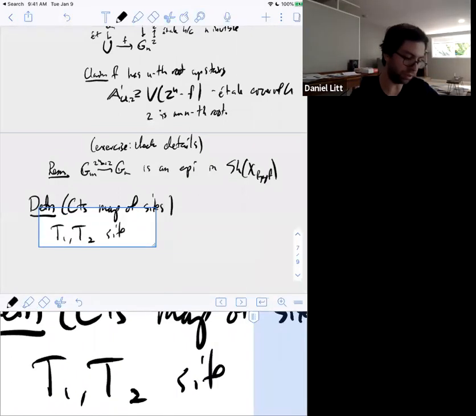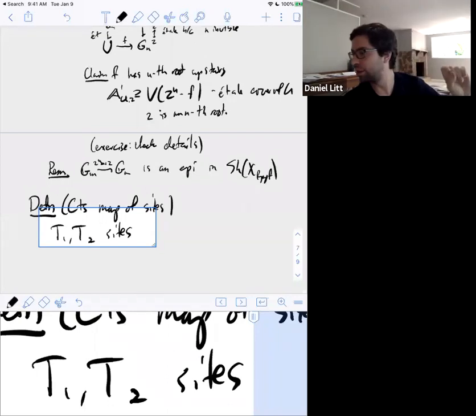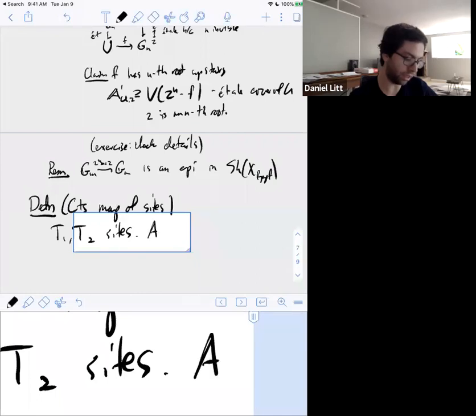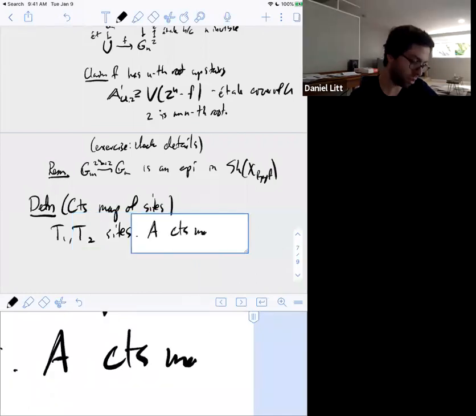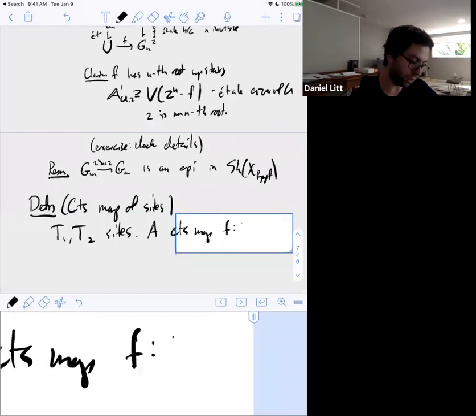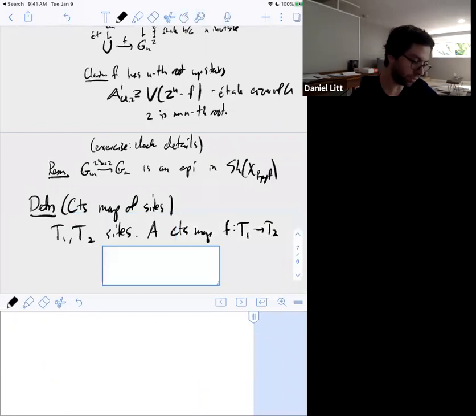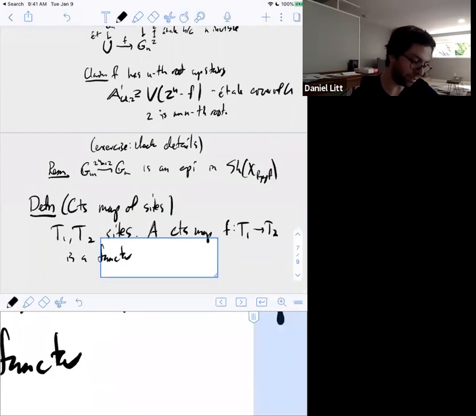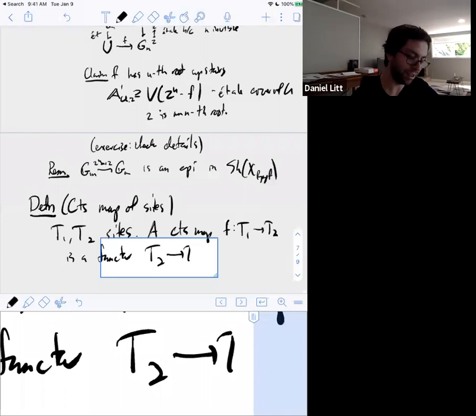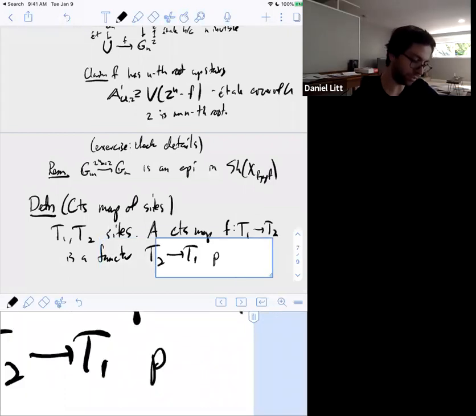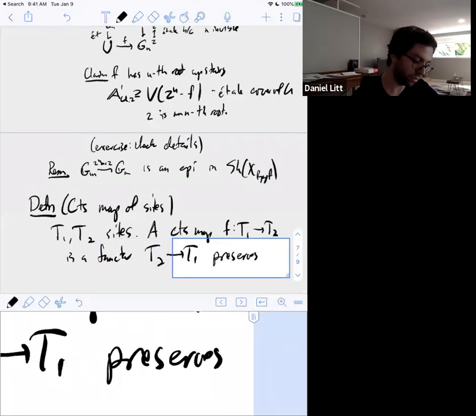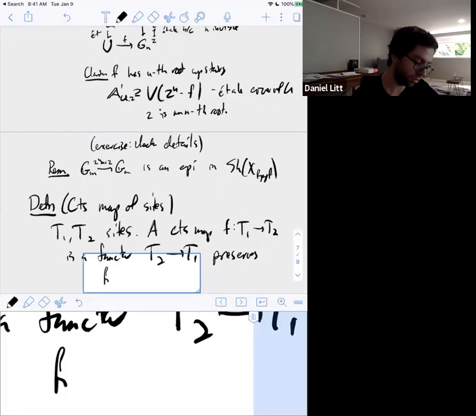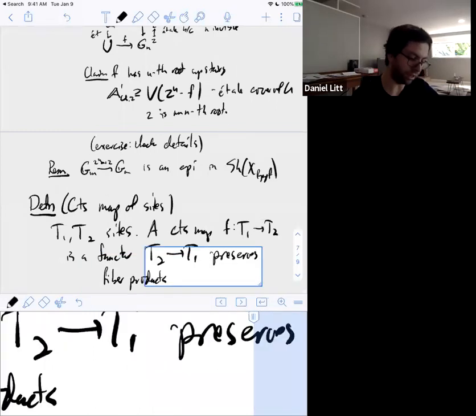Remember that means categories with covering families satisfying some axioms. So a continuous map f from T1 to T2 is, and this is weird, a functor from T2 to T1, which preserves fiber products and sends covering families to covering families.